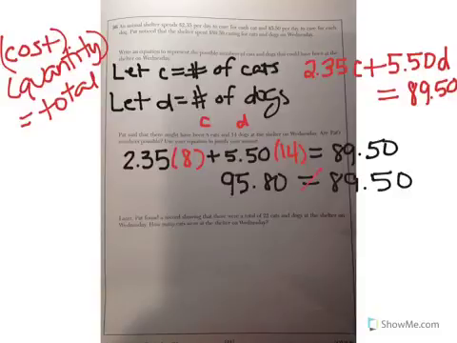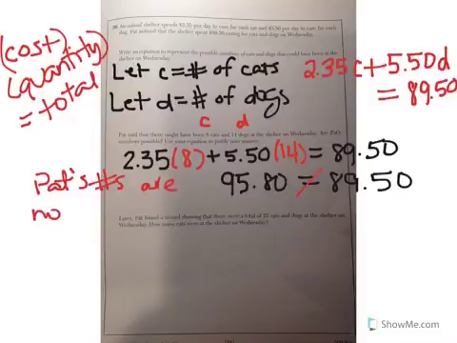But since these are not equal, that means that Pat's numbers are not possible. So clearly there were not 8 cats and 14 dogs.